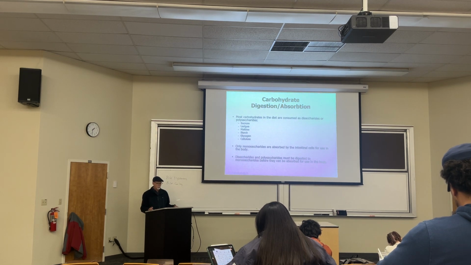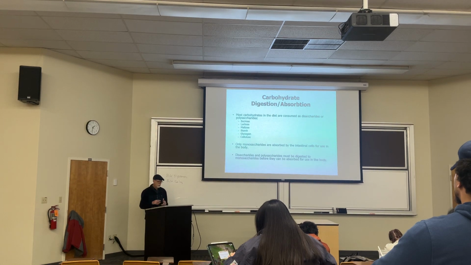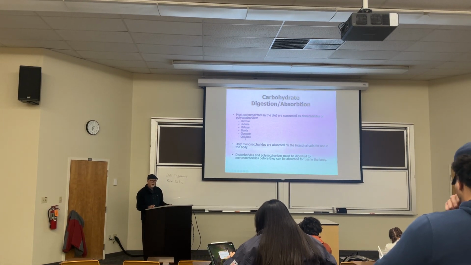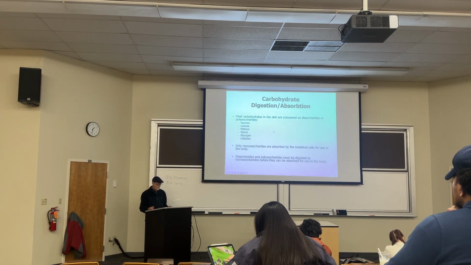Lactose is hydrolyzed with the enzyme lactase, and maltose by maltase. So they match in that way. Cellulose, by the way, is a polysaccharide that we don't digest. So it just goes right on through.